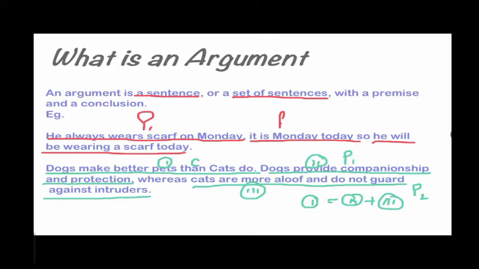In the first example, he will be wearing a scarf today was the conclusion, so the conclusion was coming at the end, which is not always true. Conclusion can be anywhere in an argument. An argument can start with a conclusion, the conclusion can be midway in the argument, and of course a conclusion can be at the end. So not necessarily will the conclusion always be at the end of the argument.